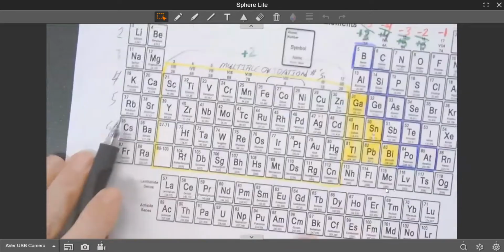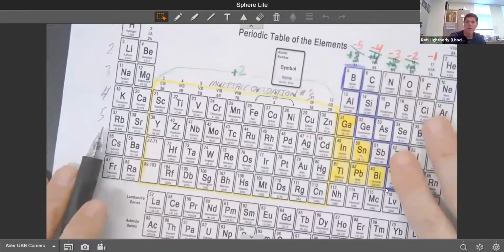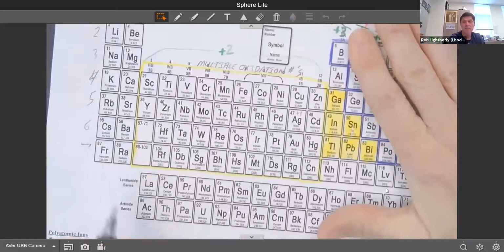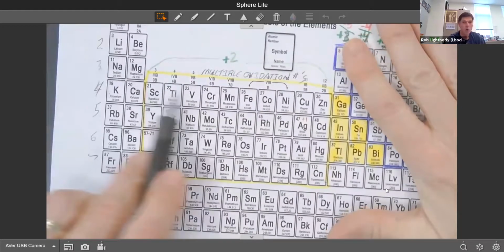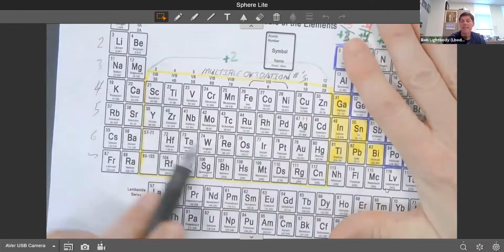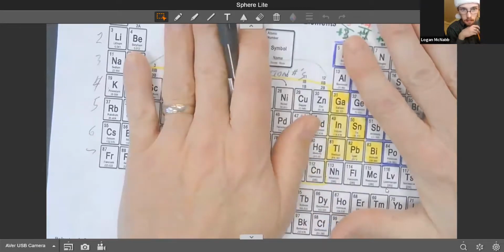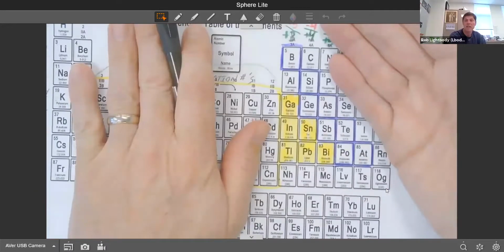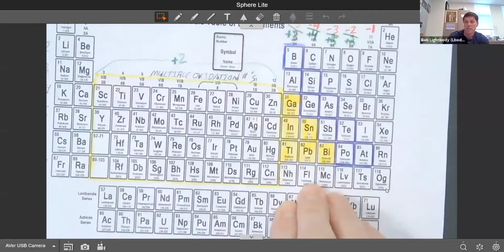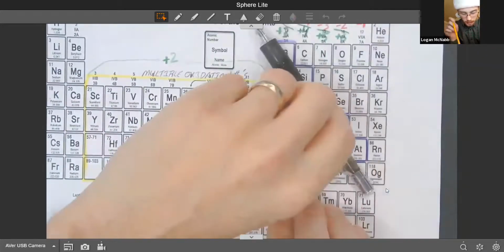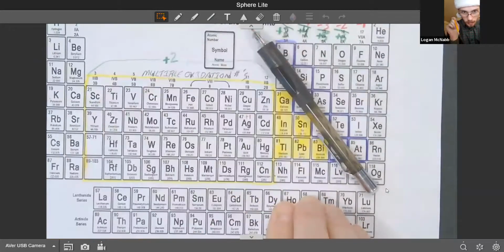Ionic. Because what you're going to see is where your metalloid stair step is. If the first element is one of these, it is ionic. And therefore, if you have one from this side and one from this side, that's going to be an ionic. So covalent bonds get a prefix and a suffix, whereas ionic bonds only get a suffix.